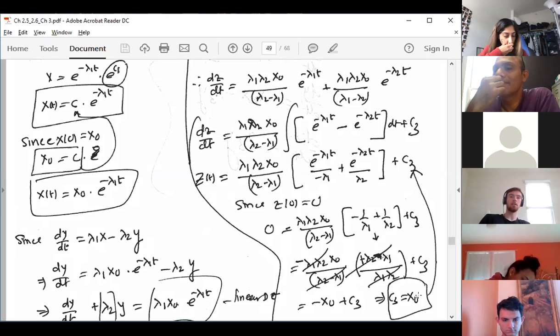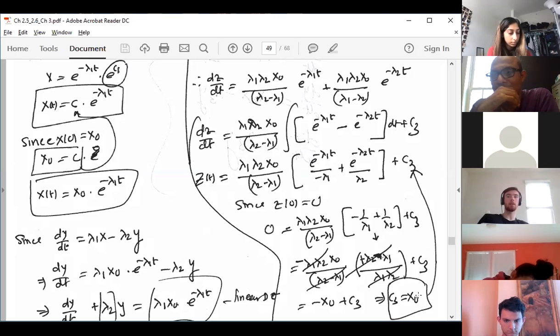Suppose that X of T, Y of T, and Z of T denote amounts of substances X, Y, and Z respectively remaining at time T. The decay in element X is described by dx over dt equals negative lambda 1x, whereas the rate at which the second element Y decays is dy by dt equals lambda 1x minus lambda 2y. Y is gaining atoms from the decay of X and at the same time losing atoms of its own decay.